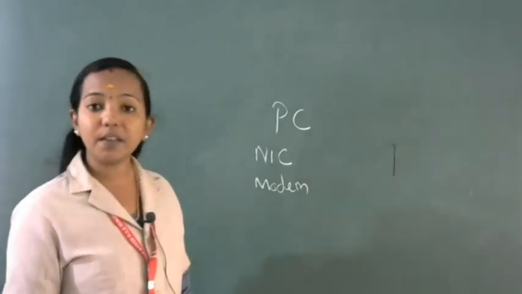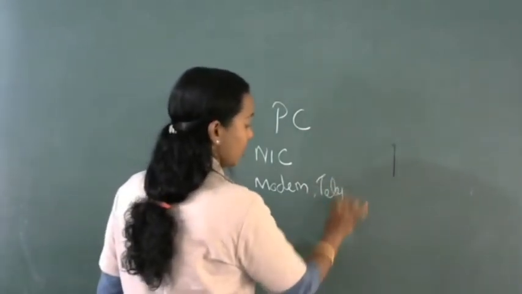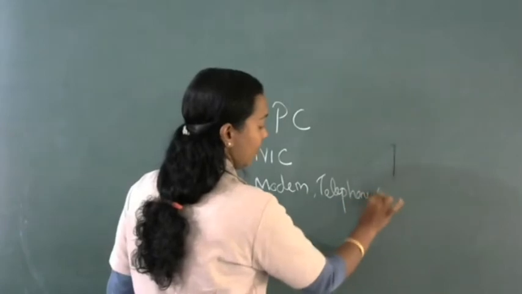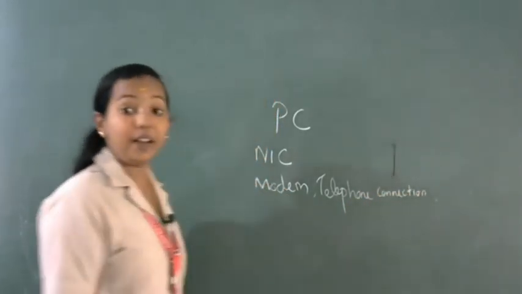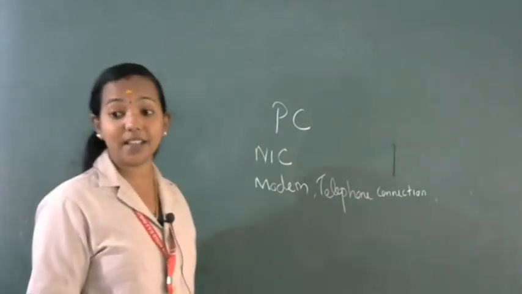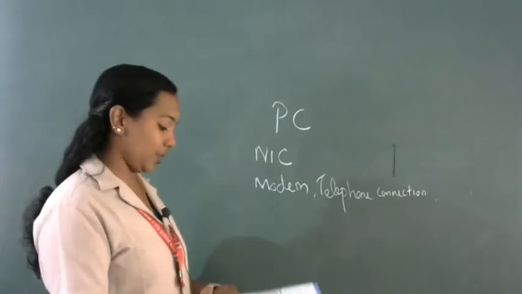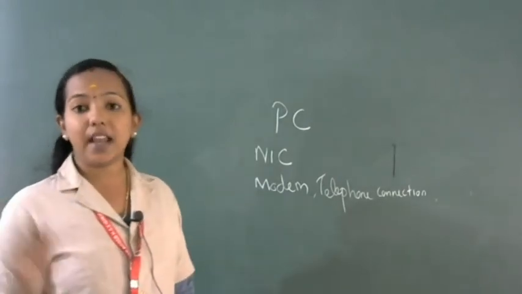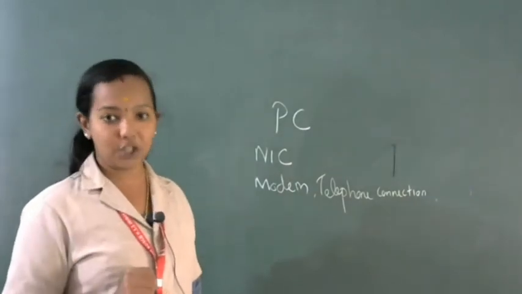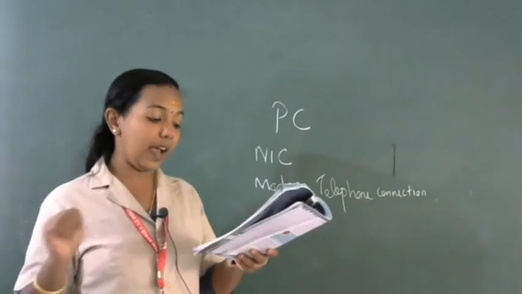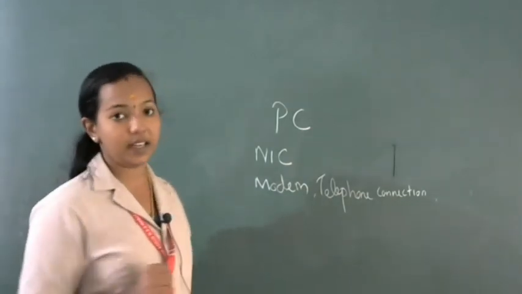If a modem is present, then definitely we require a telephone connection. Then after that, an internet account. An internet account means we need an internet connection, given by the internet service provider.